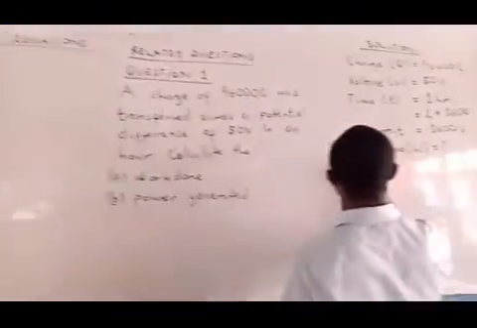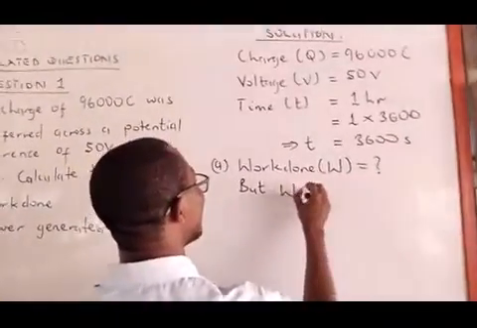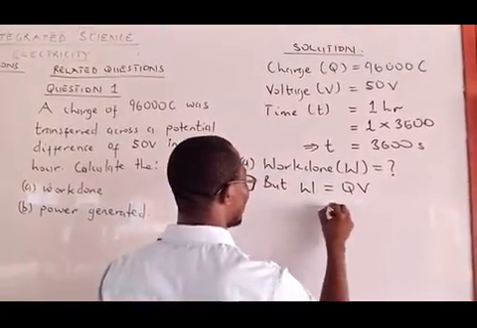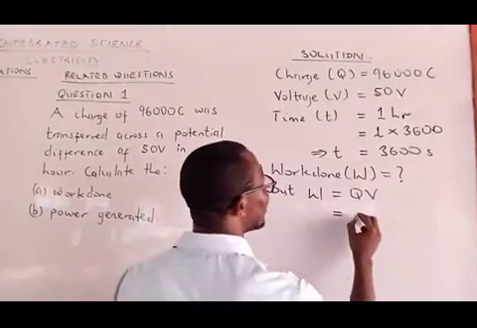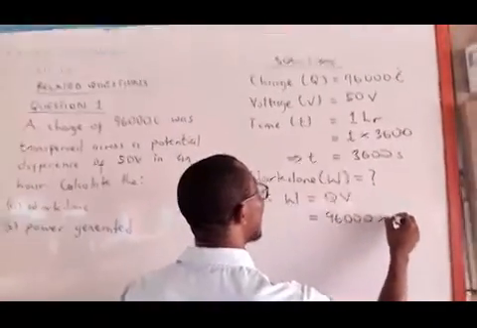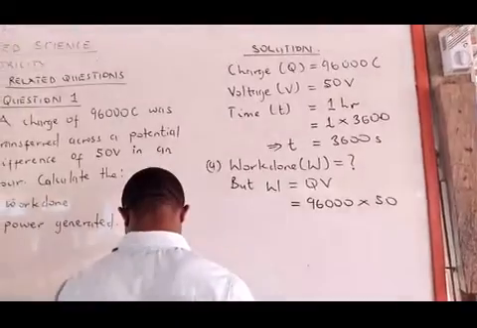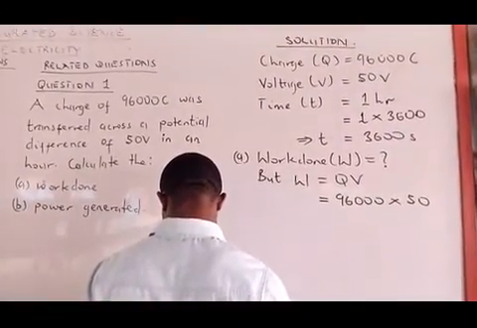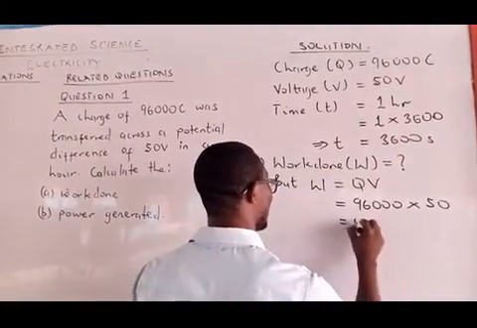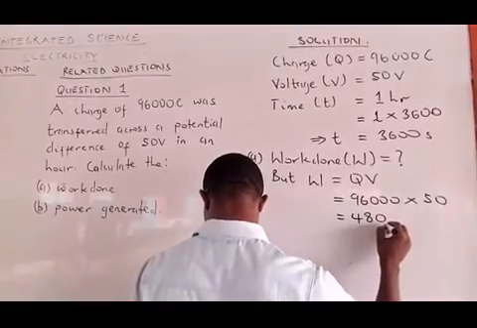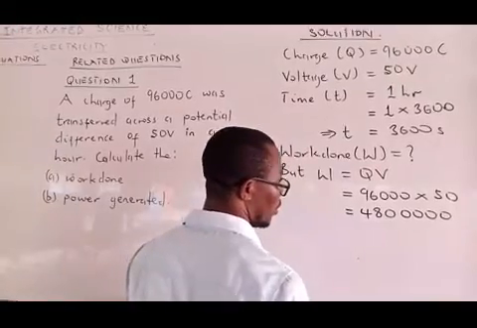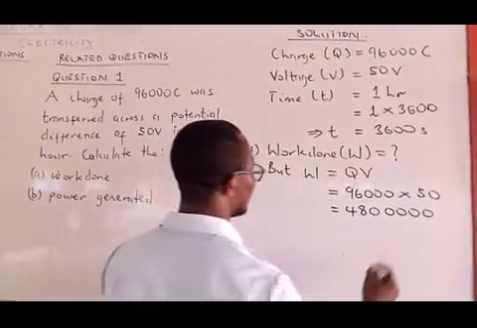Okay, so we have W equals QV. So our work done will be equal to the charge, which is 96,000, times the voltage, which is 50. 96,000 times 50 gives you 4,800,000 joules.